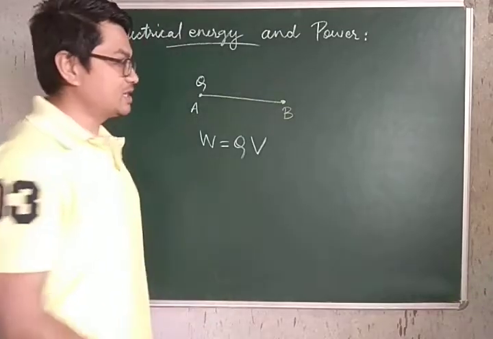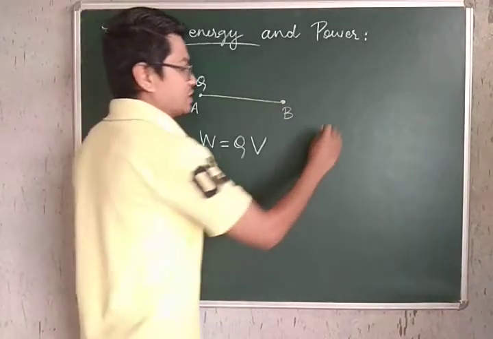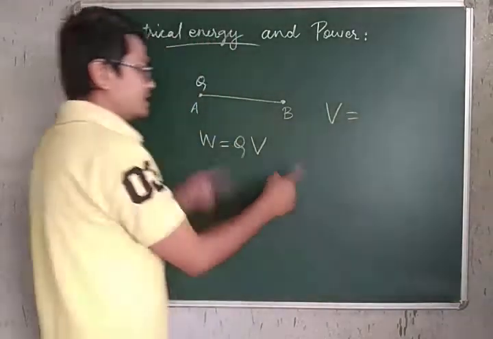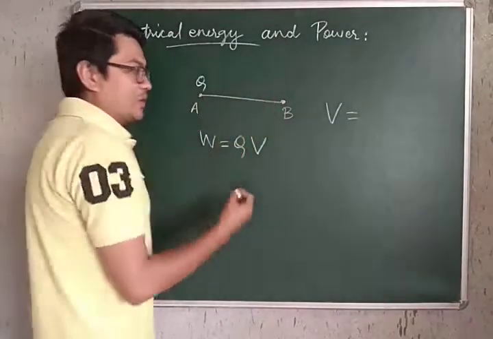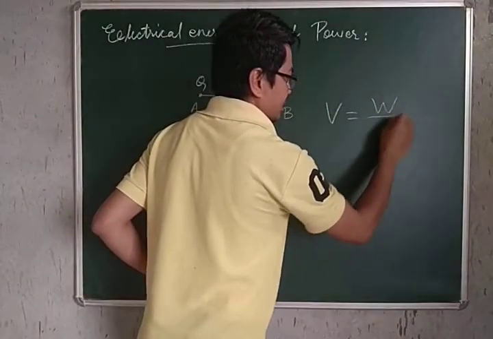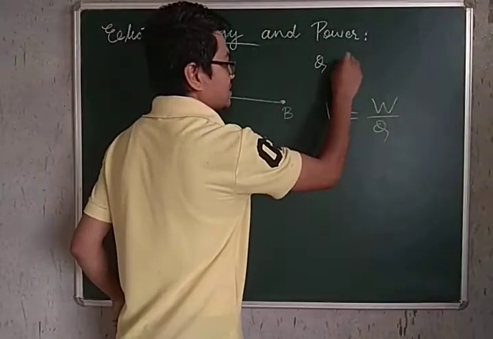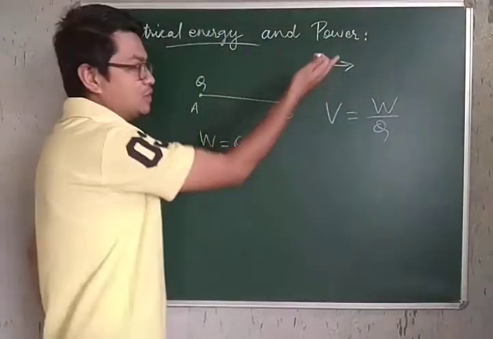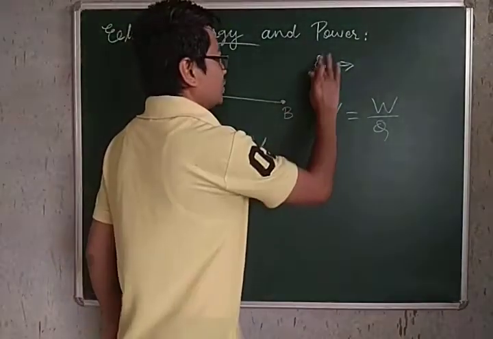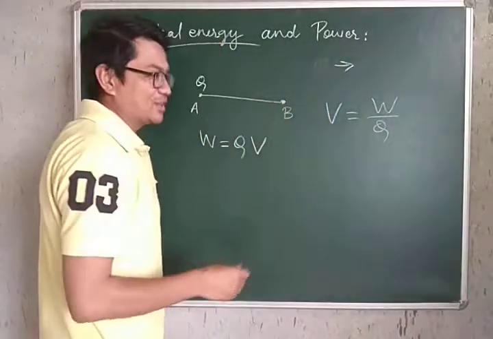Because we have learned from the definition of potential difference itself that the potential difference between these 2 points is the work done to take a unit charge. I'm sorry, my statement was wrong.